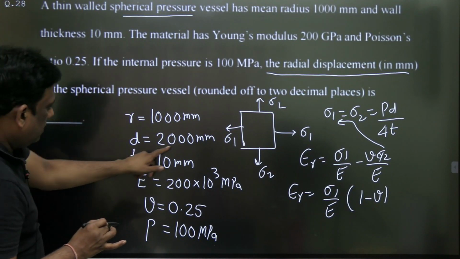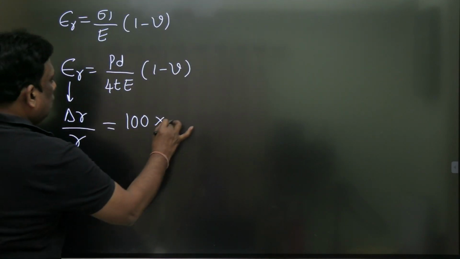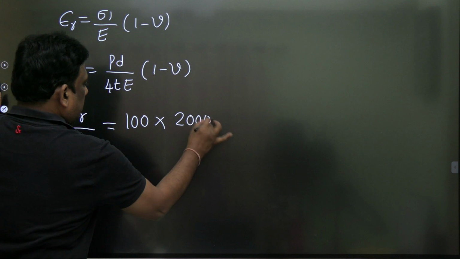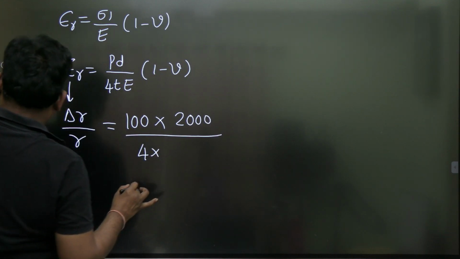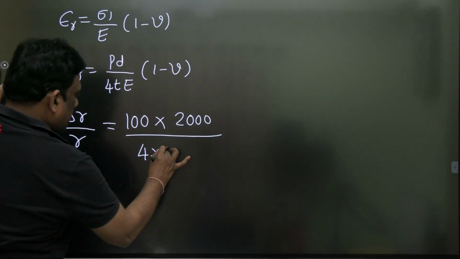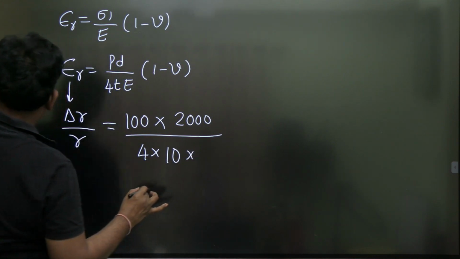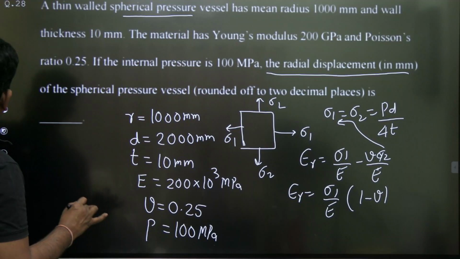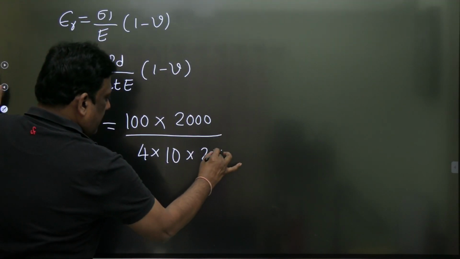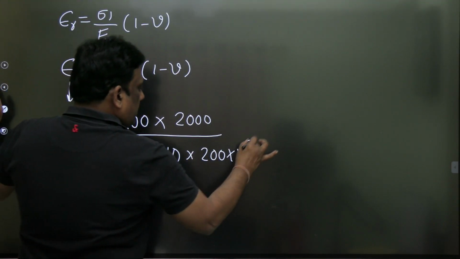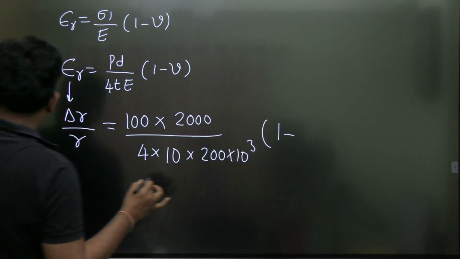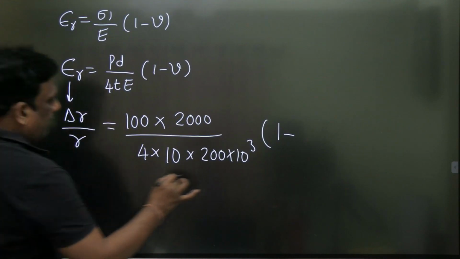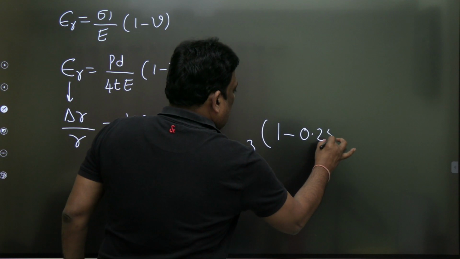D is 2000 mm, by 4. And the thickness is 10 mm. And the Young's modulus is 200 into 10 power 3, into 1 minus nu, and the Poisson's ratio is 0.25. Look carefully.